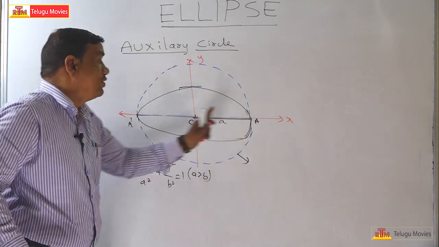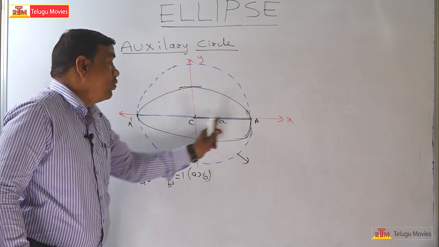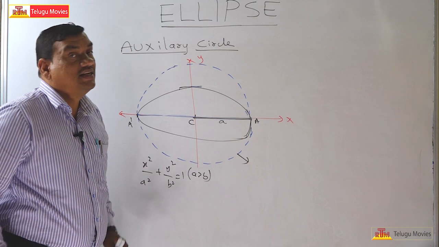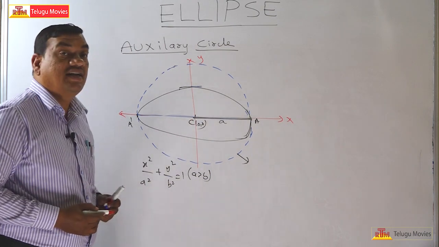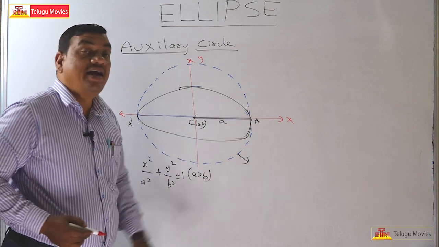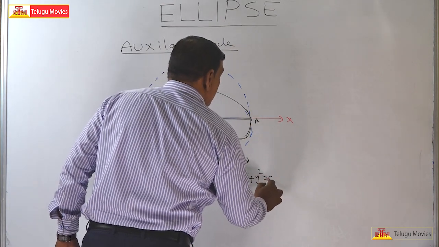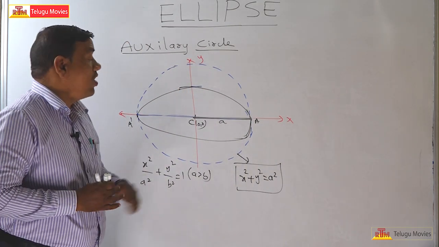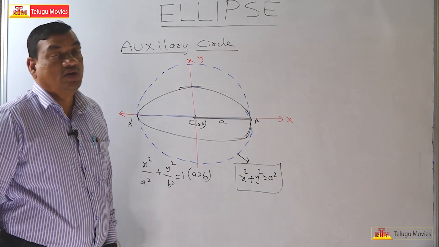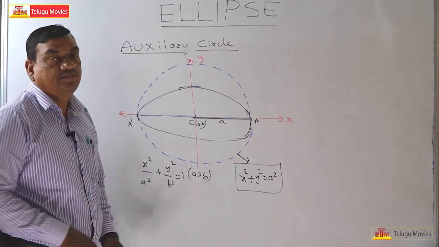From a to a dash the length is 2a, but we are taking a as the radius. Now, we know the equation of the circle whose center is 0, 0 and radius is a as x square plus y square is equal to a square. This is the equation of the auxiliary circle, x square plus y square is equal to a square, where a is greater than b.